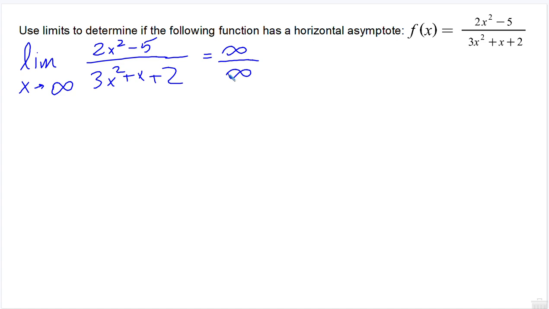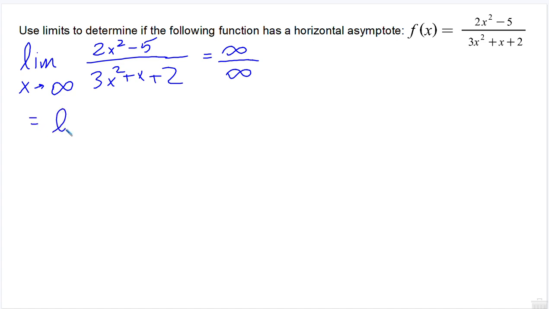In this case, the degree is the same. Both the numerator and the denominator, the highest power is 2. So the degree of both of them is 2. So the highest degree overall in this rational function is 2. So what we're going to do is divide every single term in both the numerator and the denominator by x to the power of 2, that highest degree.